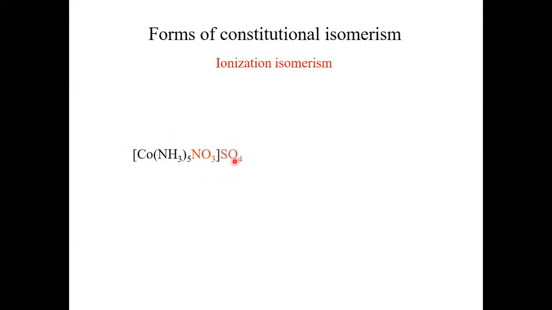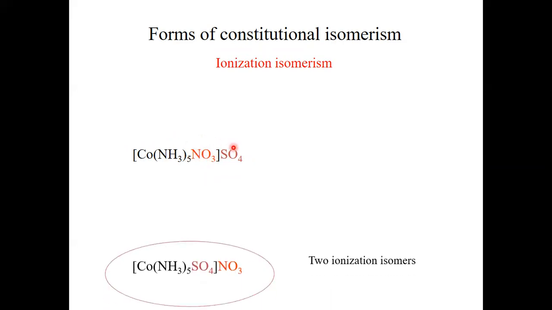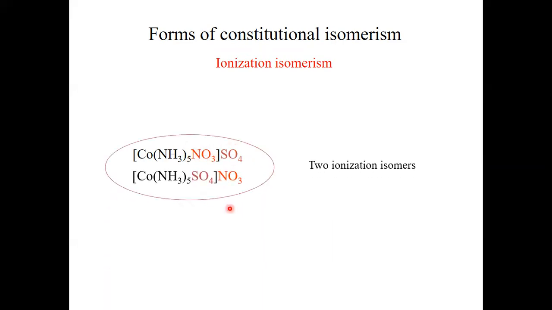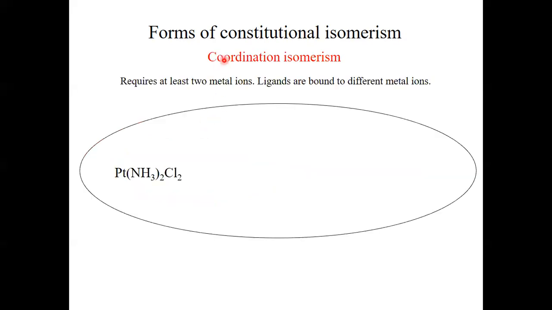Now we can swap the sulfate and the nitrate, and that gives an ionization isomer in which now the sulfate binds directly to the cobalt and the nitrate is in the second coordination sphere. So this is called ionization isomerism.